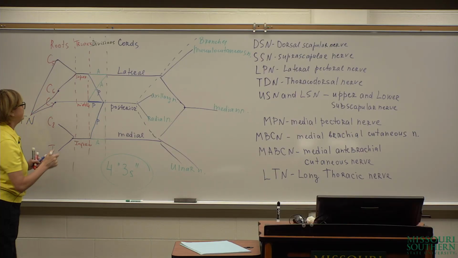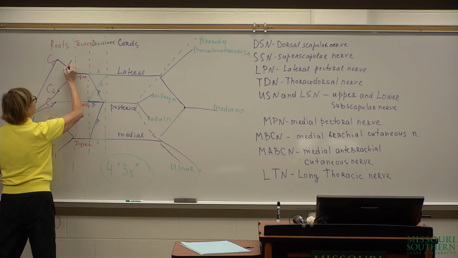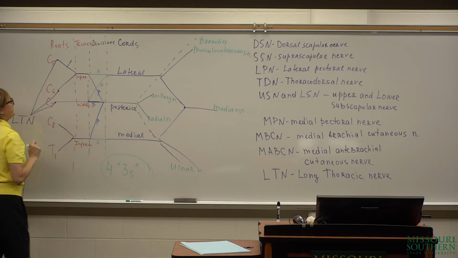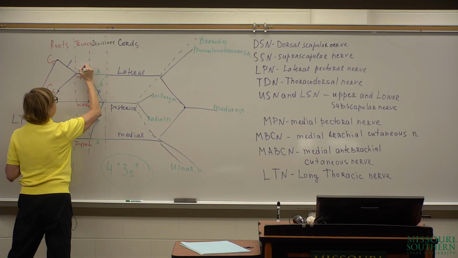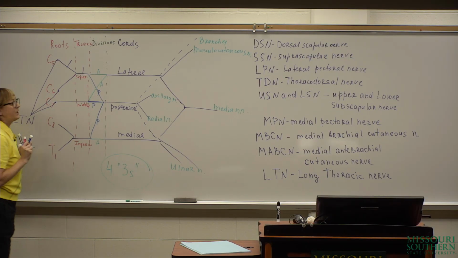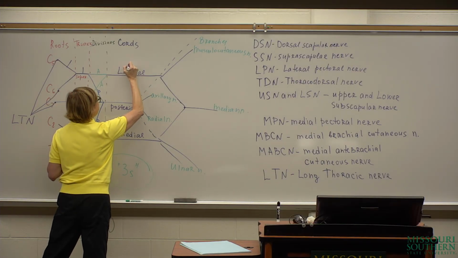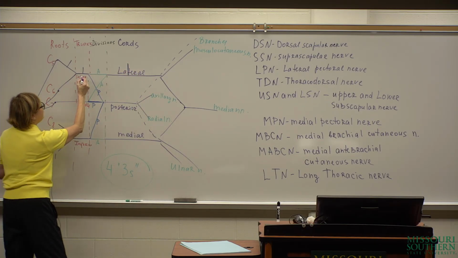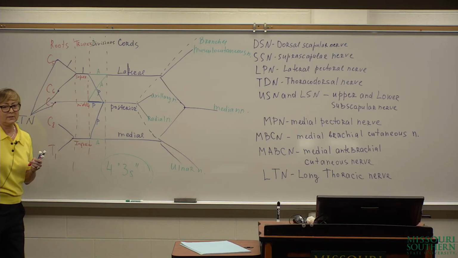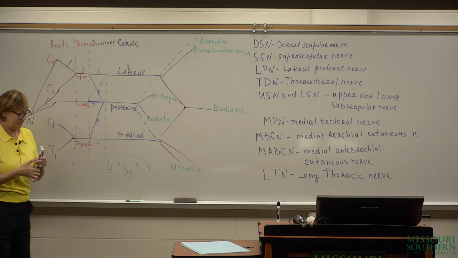Second 3, one nerve comes from the root of C5. Then we have the nerve coming from the superior trunk and the nerve that comes from the lateral cord. 1, 2, 3. 3 nerves. Let's name them.